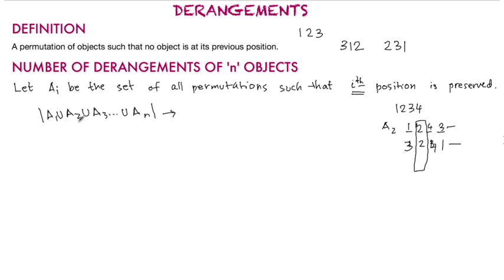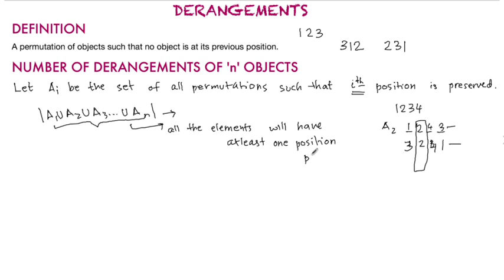This set will have all the elements with at least one position preserved, and the cardinality of this set is the cardinality of the set in which all the elements have at least one position preserved.